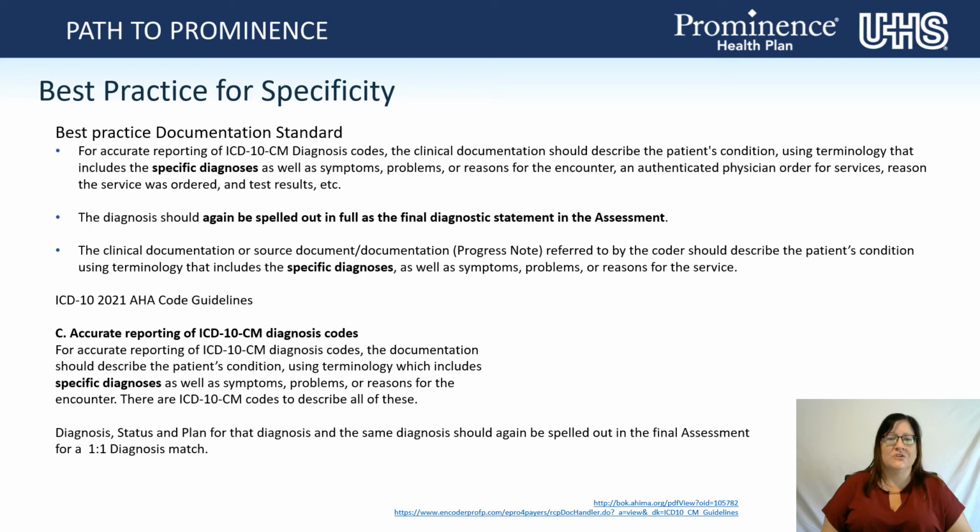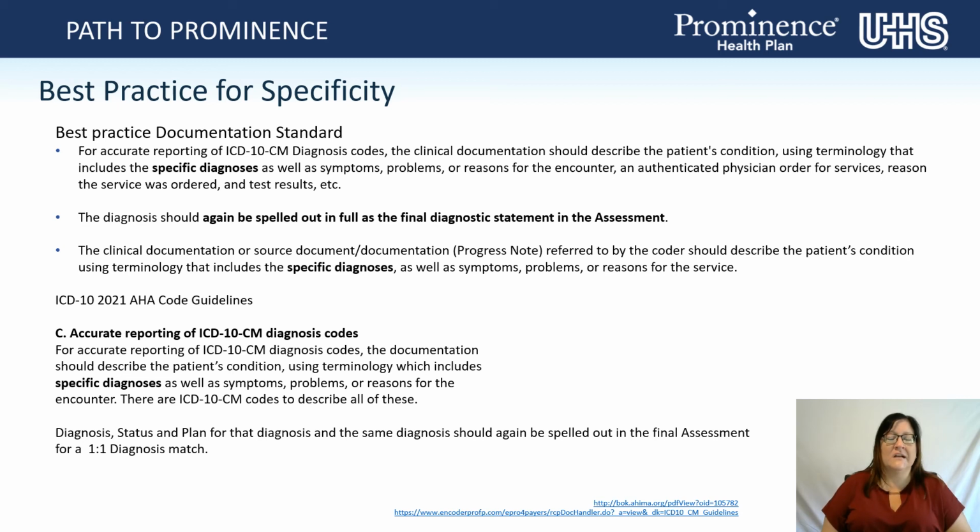The diagnosis should again be spelled out in full as the final diagnostic statement in the assessment. The clinical documentation or source documentation, in this case the progress note, referred to by the coder, should describe the patient's condition using terminology that includes the specific diagnosis as well as the symptoms, problems, or reasons for the service.